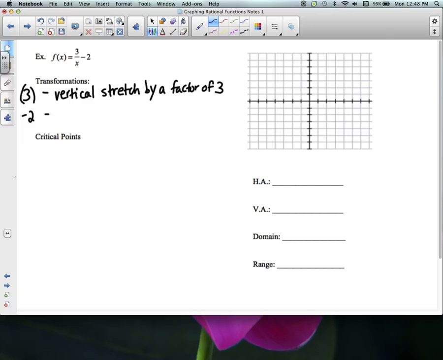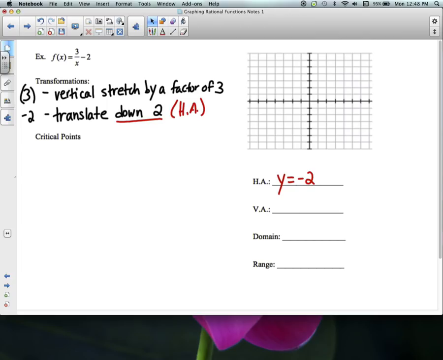That's going to tell you what your horizontal asymptote is. Since you did not go left or right, your vertical asymptote is going to be still at 0. So you can actually graph that right away before you even plot any of your points. And I'm going to do that right now.